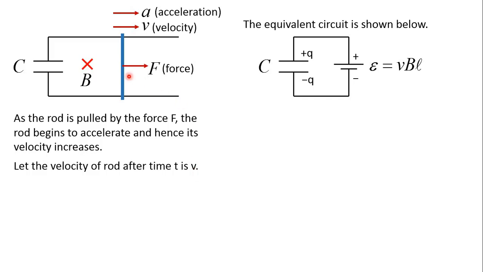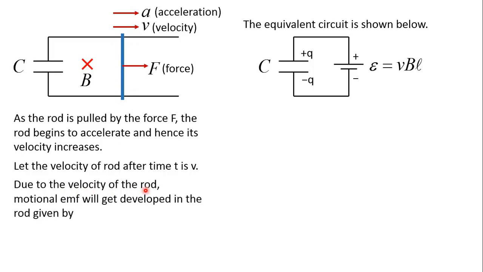Now when the rod is moving with velocity V, due to motional EMF, what happens in the rod? Motional EMF will get developed in the rod, which is given by the formula E is equal to VBL. V is the velocity of rod, B is the magnetic field, L is the length of the rod. So this much EMF is induced in the rod, and the upper end of the rod will be positive, at higher potential, and the lower end of the rod will be at lower potential.